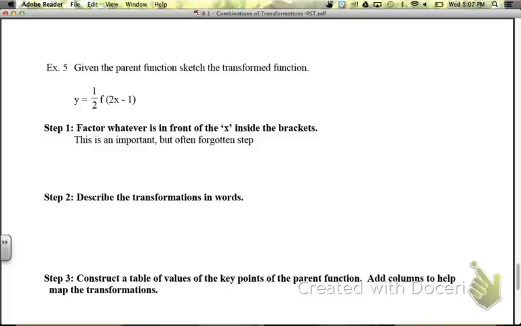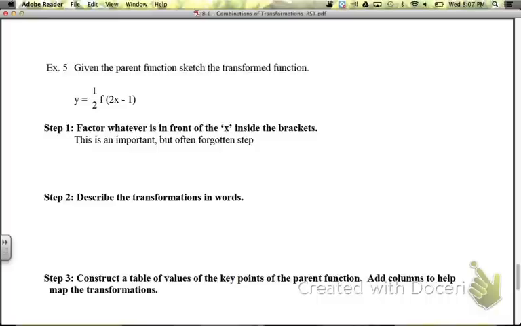And now for the last function. Our function is already going to be drawn in for us. We will do that in a minute. And what we're doing is we're just performing the transformations on the function that's given. So what we have here is y equals a half f at 2x minus 1.